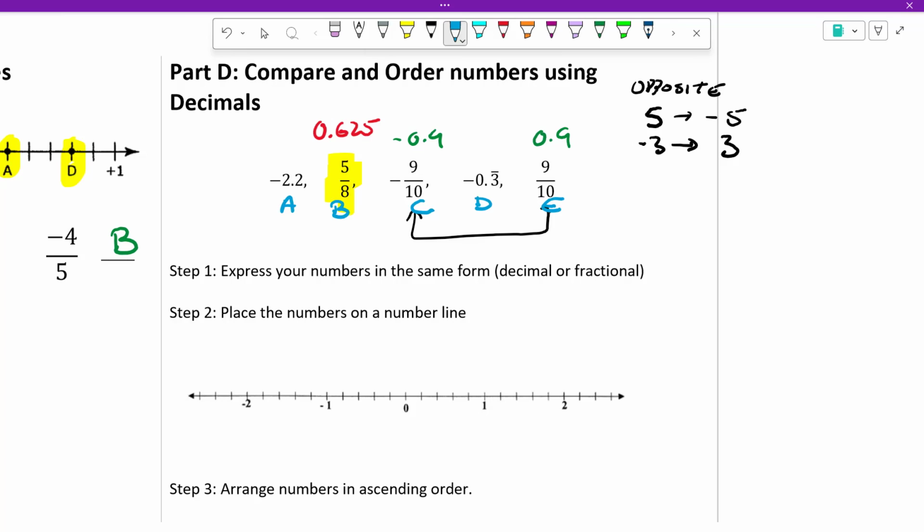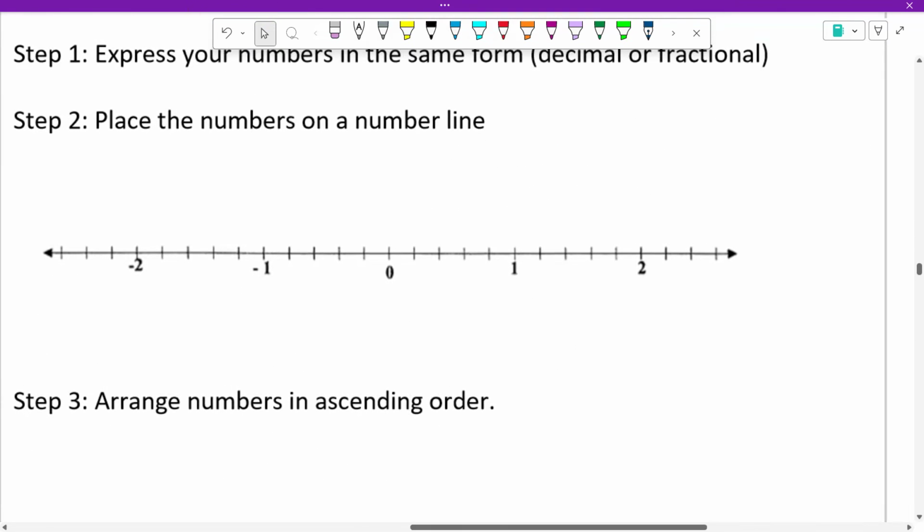Before we graph it, you got to know the spacing. Everything's not going up by ones. In this one, there are 1, 2, 3, 4, 5 lines before you hit 5. How big is each space? 0.2, right? And if you're not sure how to do that, what you do is you count the lines. There are 5 lines that make up 1. So you take 1 and you divide it by 5.